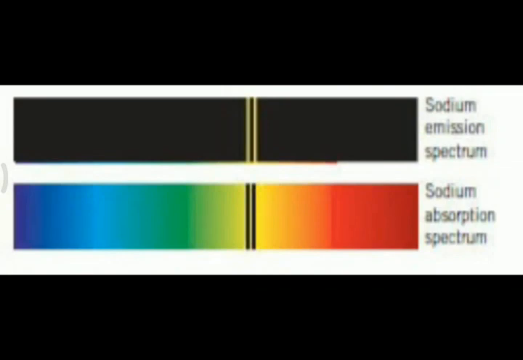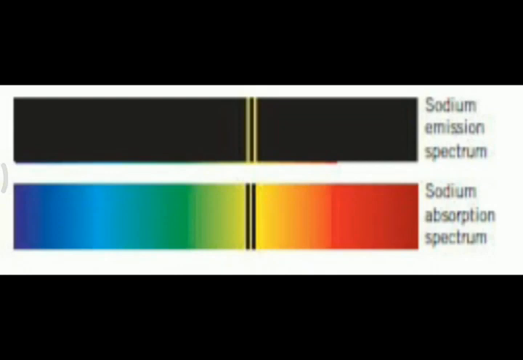Here you can see the emission and absorption spectrum of sodium. First one is emission spectrum of sodium. On a dark photographic plate, two yellow colored lines are formed. But in the second case, on a bright photographic plate, two dark lines are formed at the yellow region.